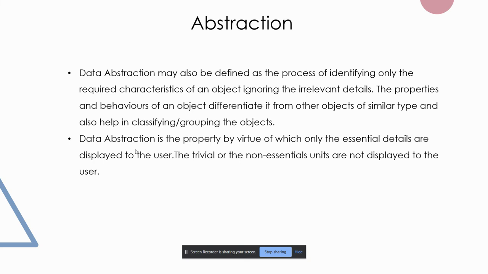Consider a real life example here of a man driving a car. The man only knows that pressing the accelerator will increase the speed of car or applying the brakes will stop the car. But he does not know about how on pressing the accelerator the speed is actually increasing. He does not know about the inner mechanism of the car or the implementation of accelerator, brakes, etc. in the car. This is what abstraction is.